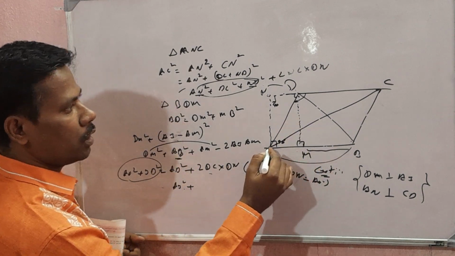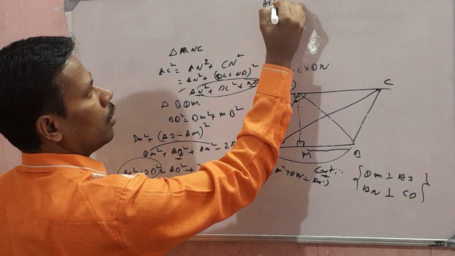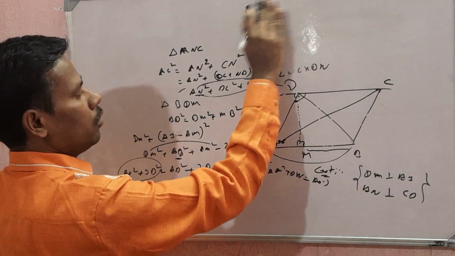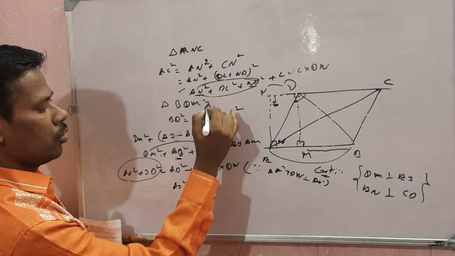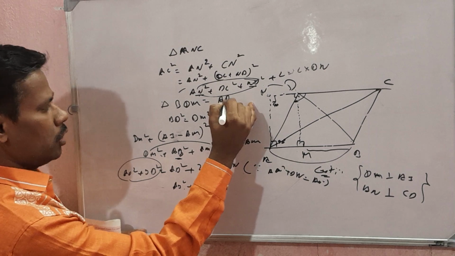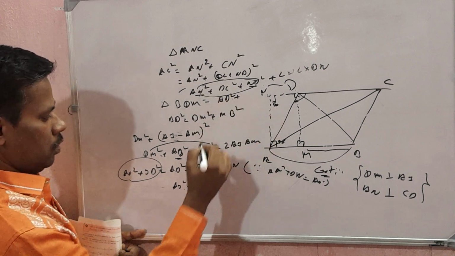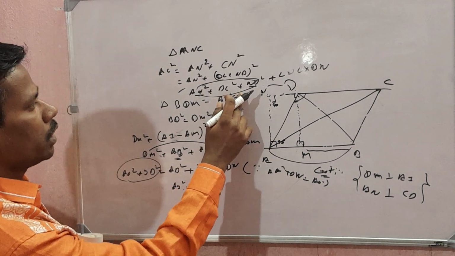DM is nothing but AN. Already I have written. So in place of this you can write here AD square plus CD square.